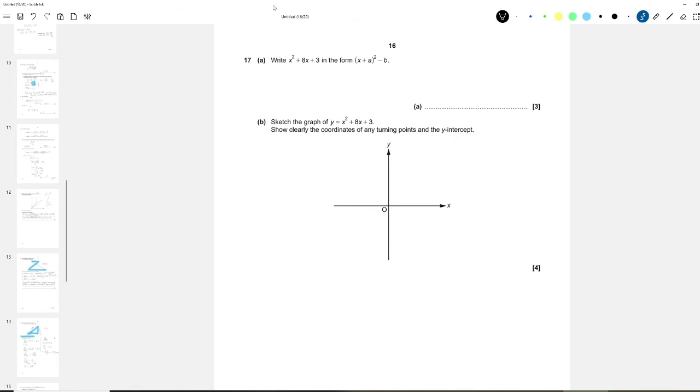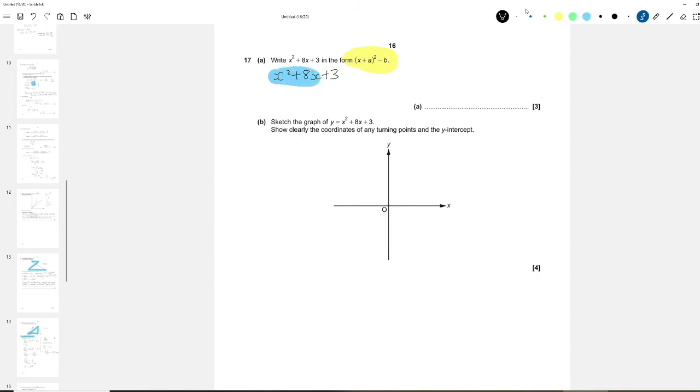Question 17. Write x squared plus 8x plus 3 in the form of (x plus a) squared minus b. So that form here is what we call completing the square. So the way to do that, x squared plus 8x plus 3, is to first find a quadratic expansion that matches up with x squared plus 8x.